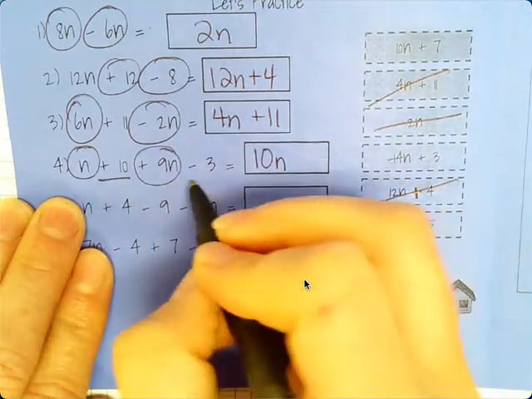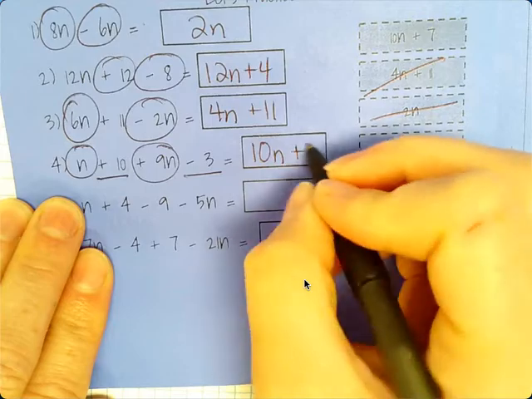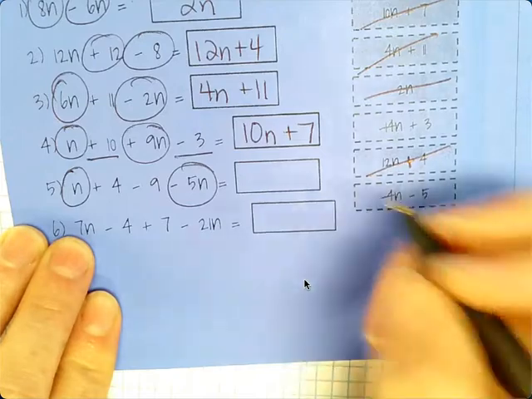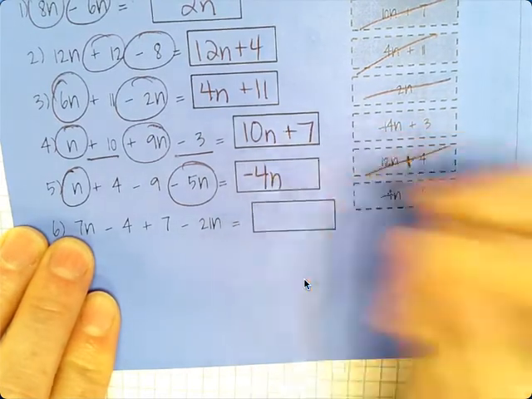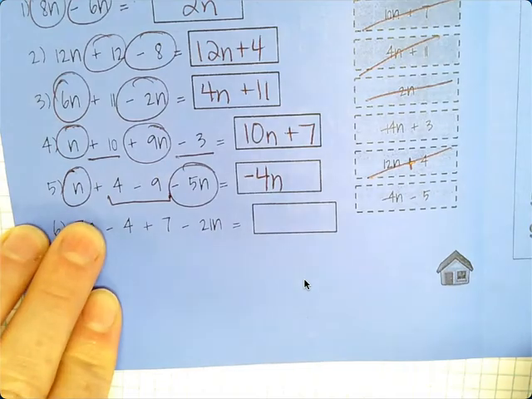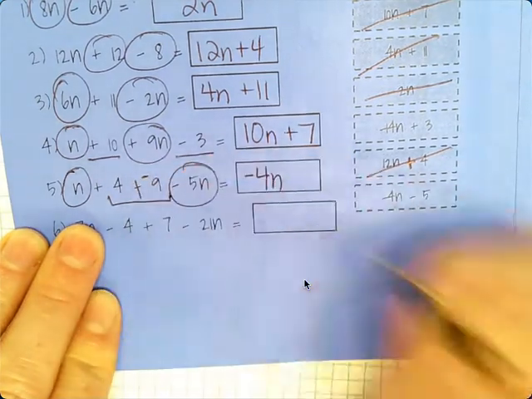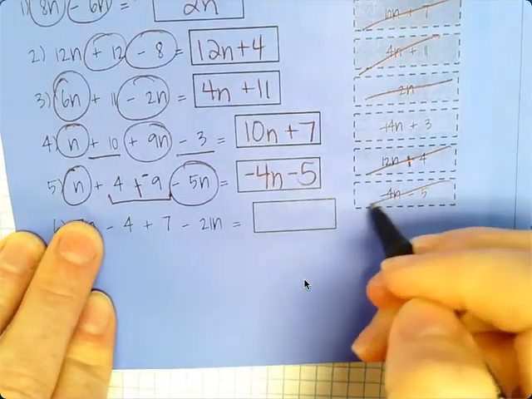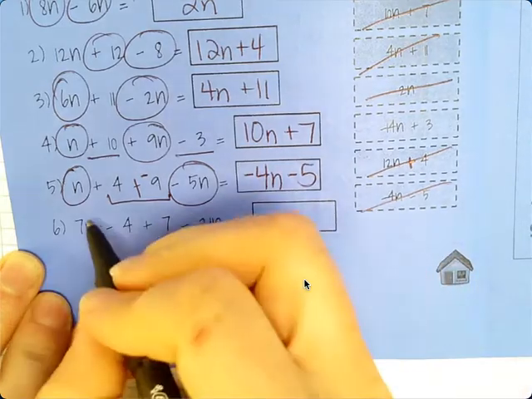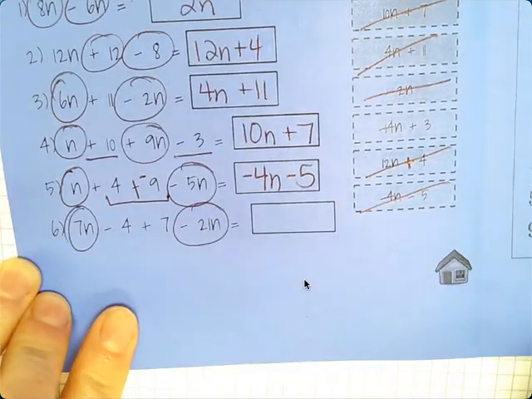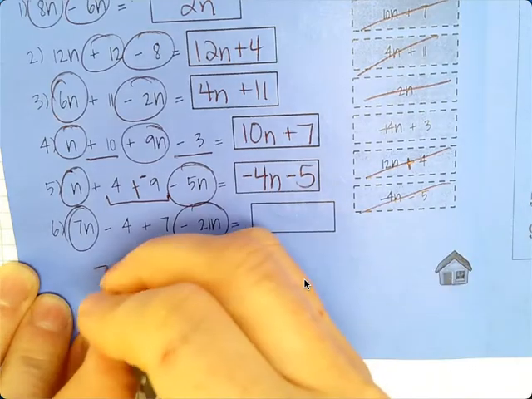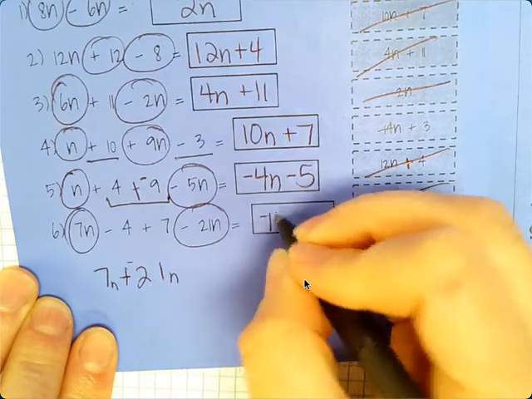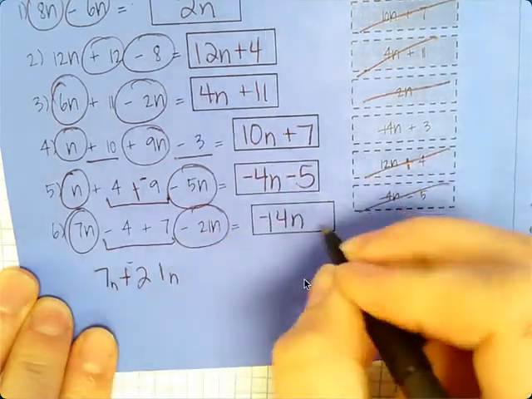And then positive 10 minus 3, plus 7. n and negative 5n, negative 4n. And then 4 minus 9. Keep, change, change. 4 plus a negative 9 is negative 5. And then 7n minus 21n, negative 14, exactly. And then positive 3.